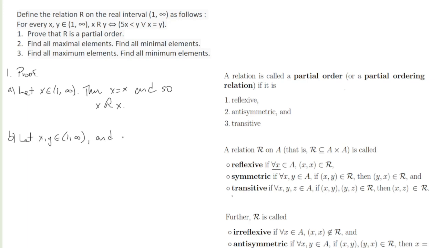So we assume that (x,y) and (y,x) are both in R. I'll write that a little differently: x is related to y, and y is related to x.